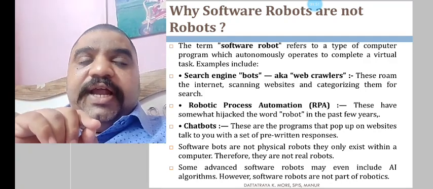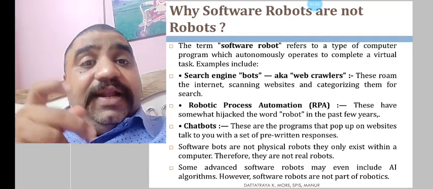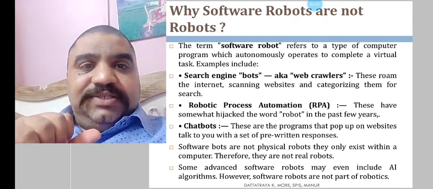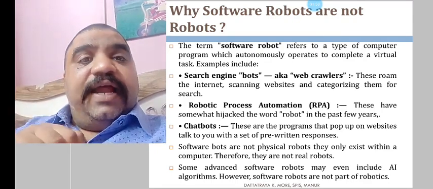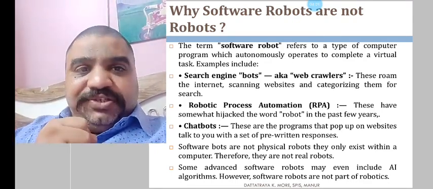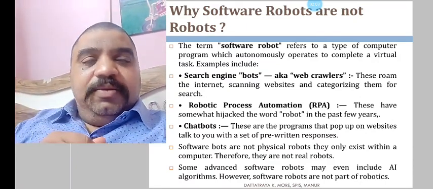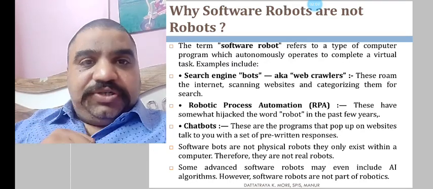By clicking on that you can get information by typing, like Google Assistant. There is no human being sitting on the other side; that is called a chatbot.